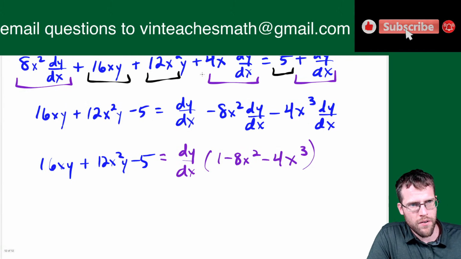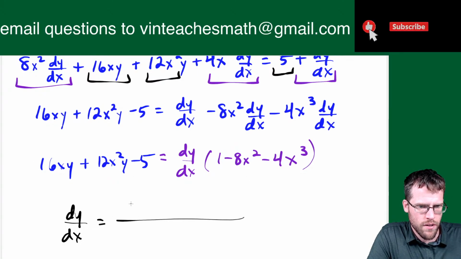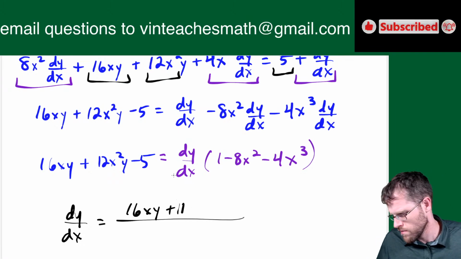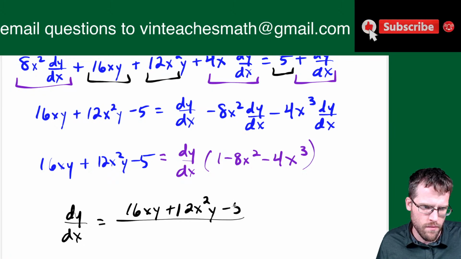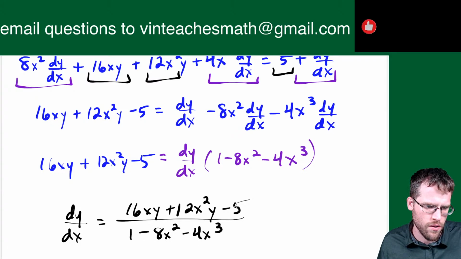So we would have our final answer, dy/dx equals this side divided by that factor. So 16xy plus 12x squared y minus 5 over 1 minus 8x squared minus 4x to the third.